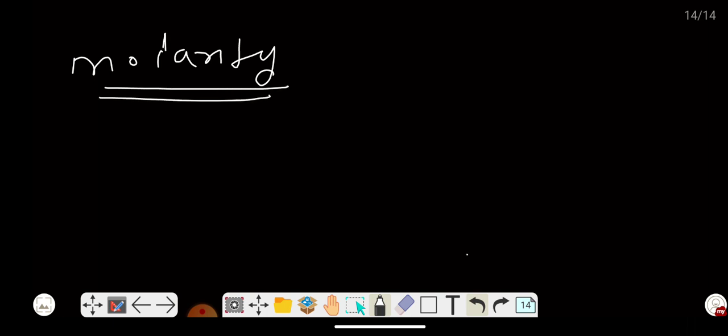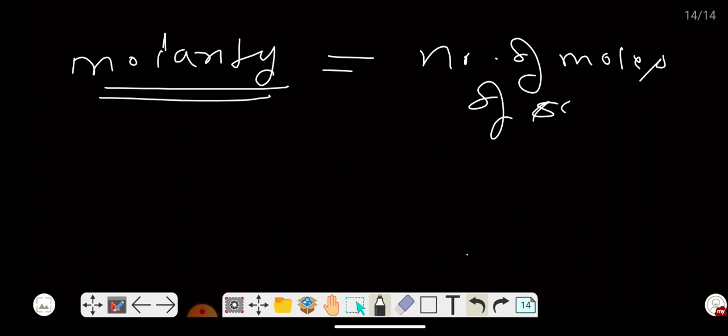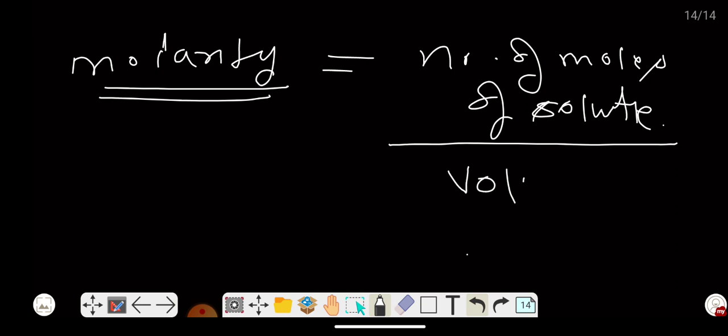Now we discuss molarity. What is molarity? The definition of molarity is the number of moles of solute in 1 liter of solution.